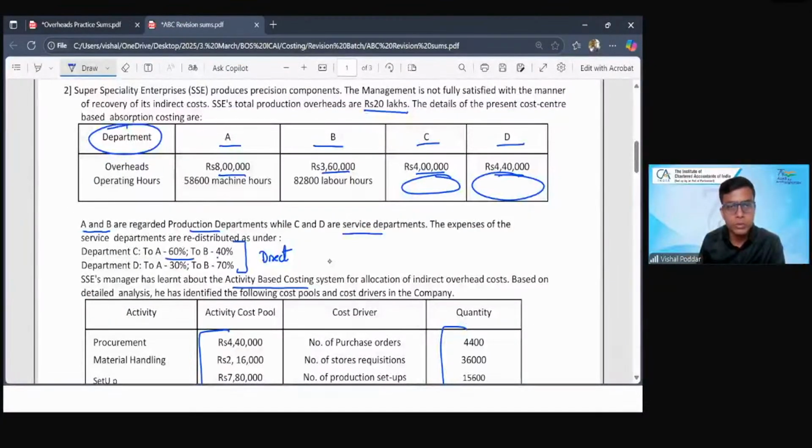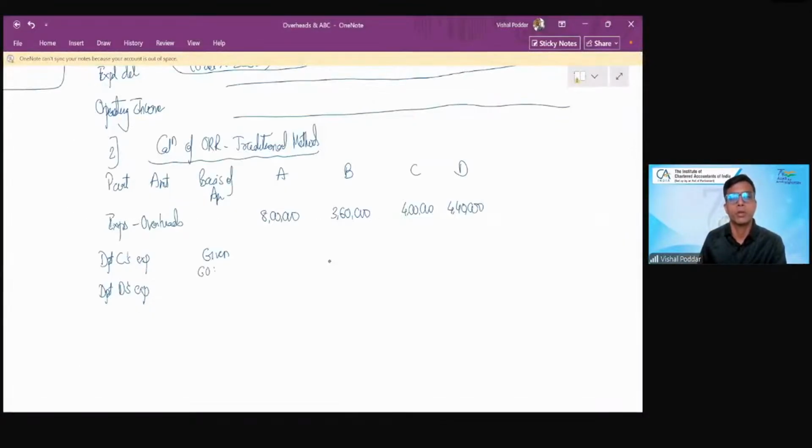What is the ratio? 6:4, 60:40. And for this, the ratio is 30:70. So 240, 160 minus 4 and nil.